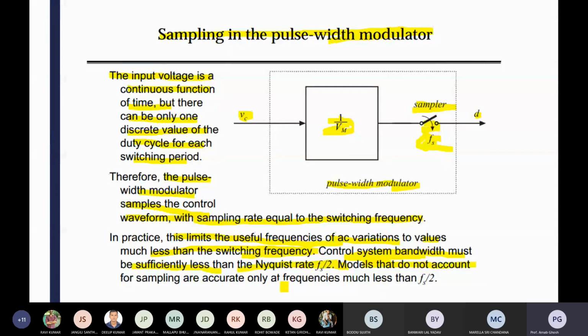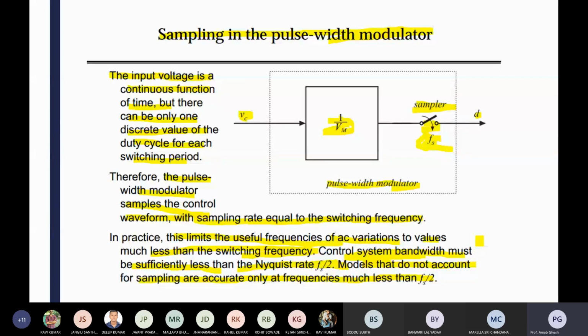Models that do not account for sampling are accurate only at frequencies much less than Fs by 2, meaning switching frequency by 2. You know that formula from the digital control signals chapters. As per the concept of Shannon's theorem, the frequency should be less than Fs by 2.